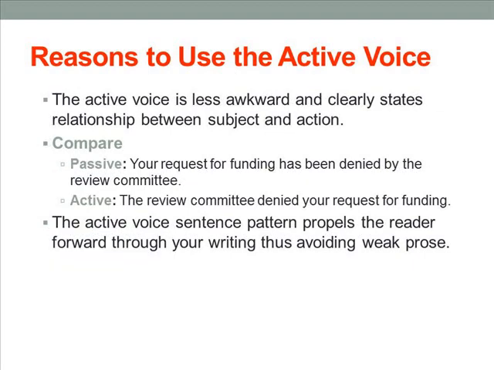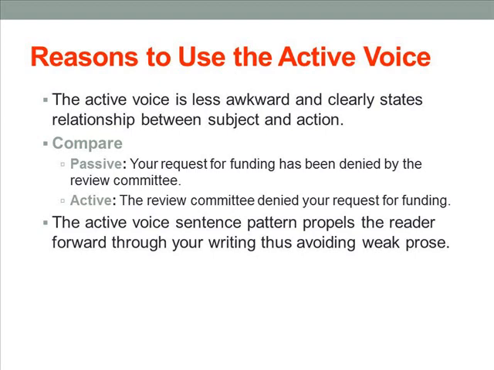Another reason for using the active voice is because it shows a clear relationship between the subject and the action. Take a look at these two sentences. "Your request for funding has been denied by the review committee." The relationship between the denial of funding and who's actually doing the denying is much less clear than the second sentence, "The review committee denied your request for funding."